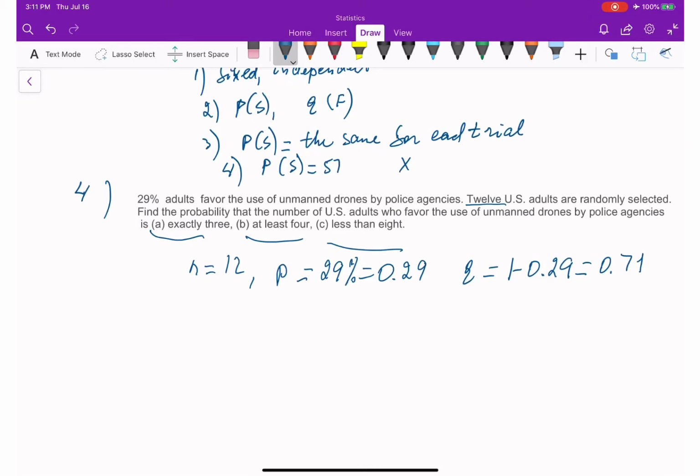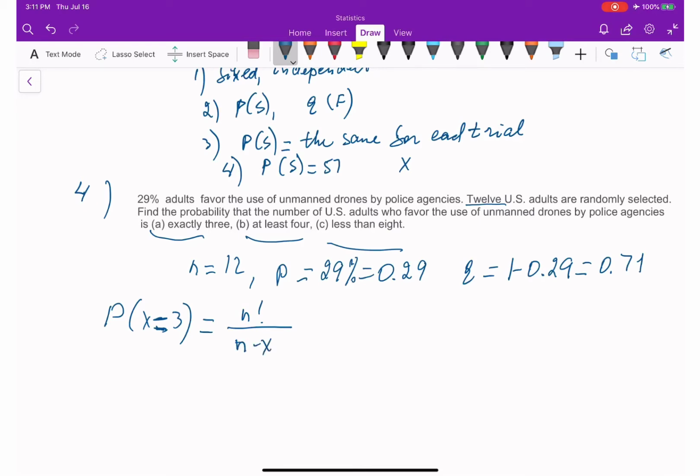Okay, so let's find the probability for exactly 3 people, the number of US adults who favor. So 3 people favor. Remember the formula, n factorial, and the link I posted at the beginning is the link for this binomial distribution.